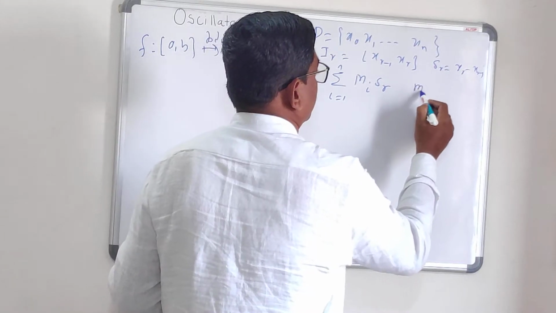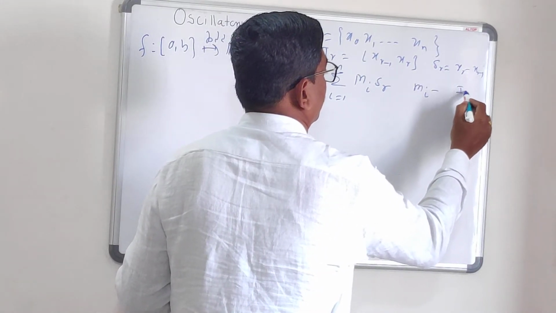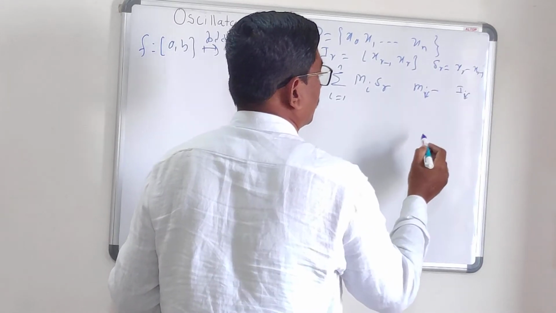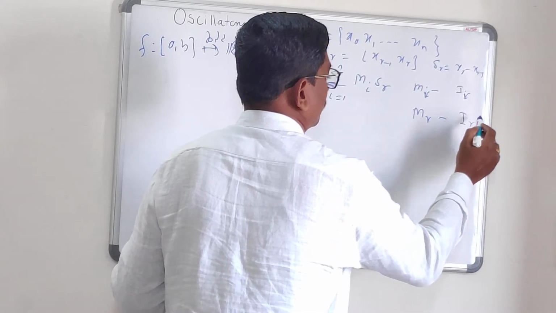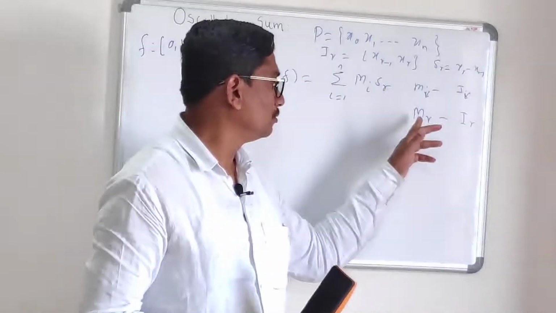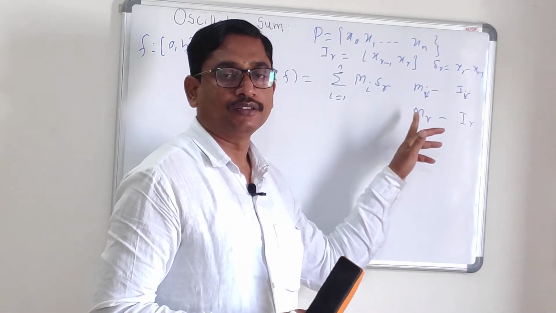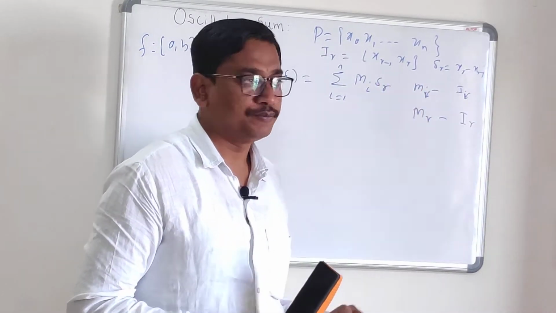So let me denote by mr the infimum on the rth interval, and capital Mr denotes the supremum on the same interval. The function has highest value, that is supremum value, in the rth interval denoted by the capital letter Mr, and the infimum will be denoted by small letter mr.